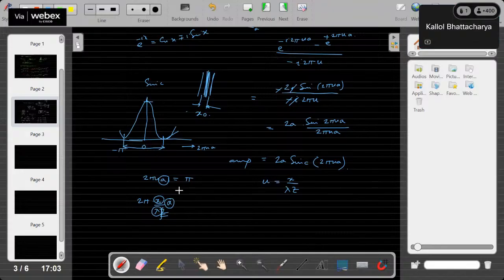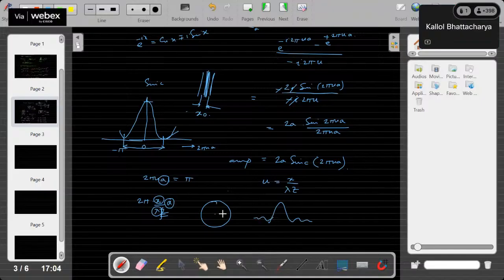So using diffraction, for example, as I said, there is not much scope to go into the details. So this is the diffraction of a single slit. If you have a circular aperture, the diffraction of a circular aperture is nothing but a Bessel function like this. Okay, it's a Bessel function.